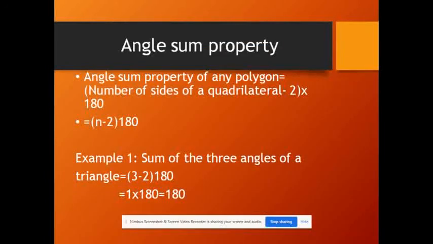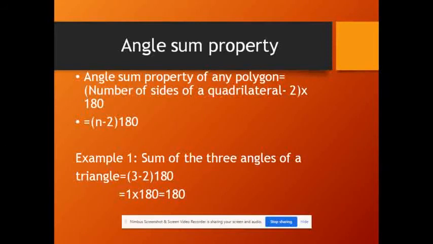Angle sum property. This is a very important property to identify the sum of angles of a shape. The angle sum property of any polygon is equal to the number of sides of the given polygon or a quadrilateral minus 2, into 180 degrees.